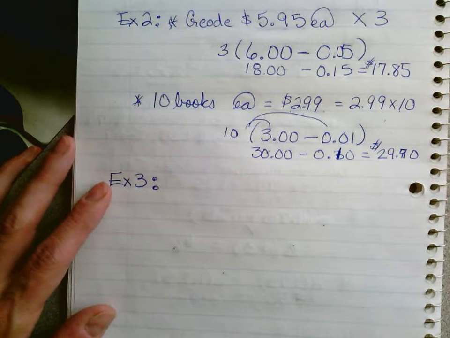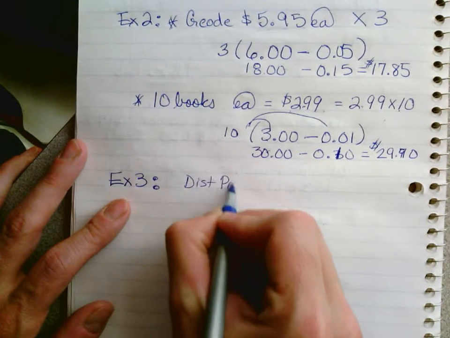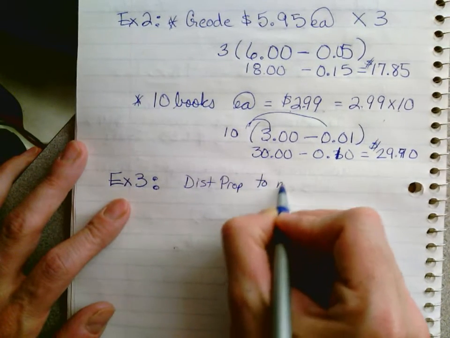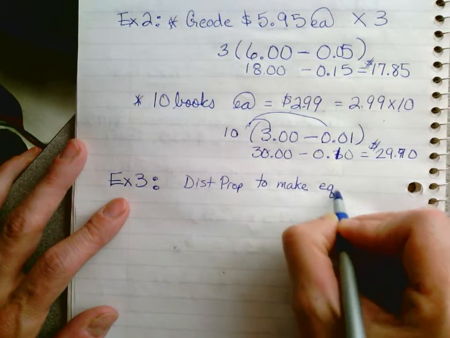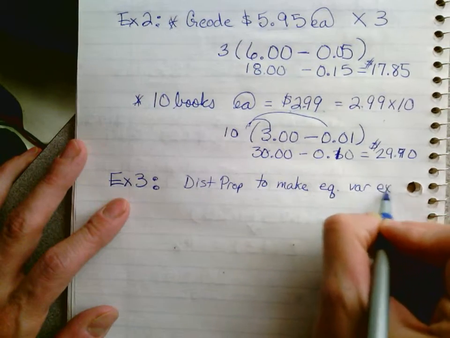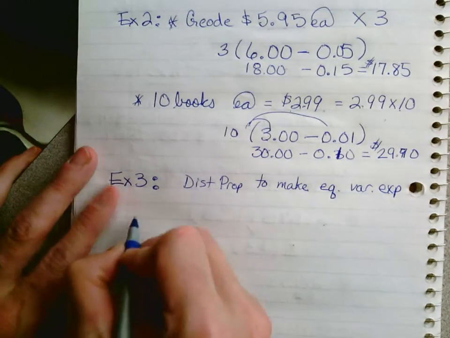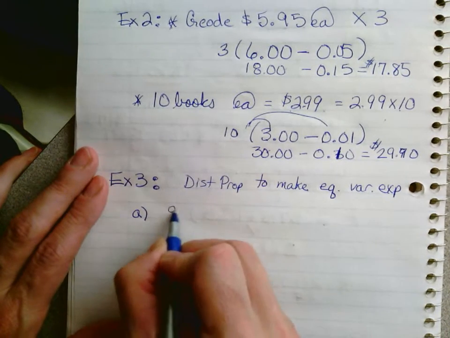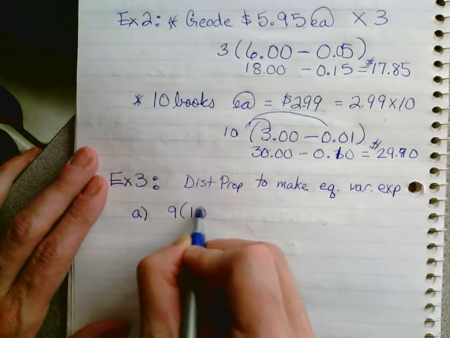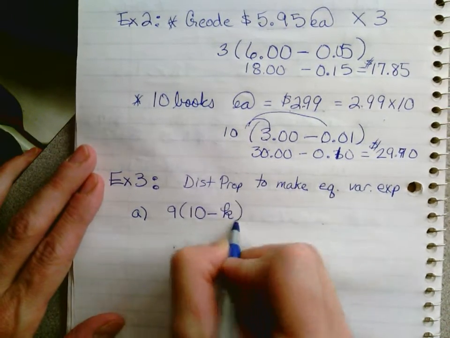All right. Example 3, use the distributive property to create an equivalent variable expression. For example, okay, there's going to be a couple of these. So if I say to you, take 9 and multiply it by the difference of 10 and k.